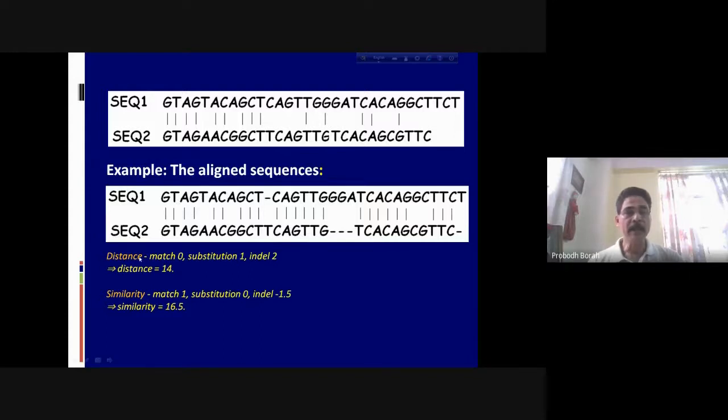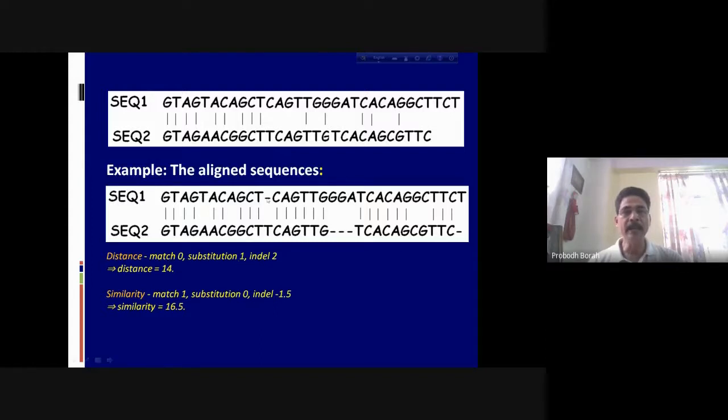So while counting distance, a match will score as 0. Then when there is a substitution or replacement of one nucleotide by another, then there is a distance. One difference has taken place by way of point mutation. So let us give it a distance value of 1.